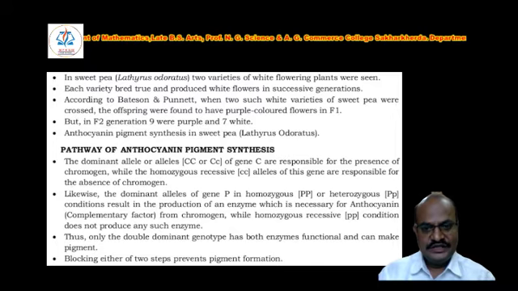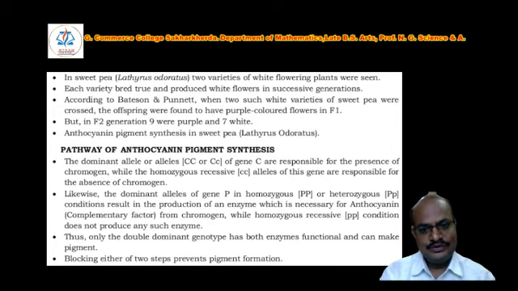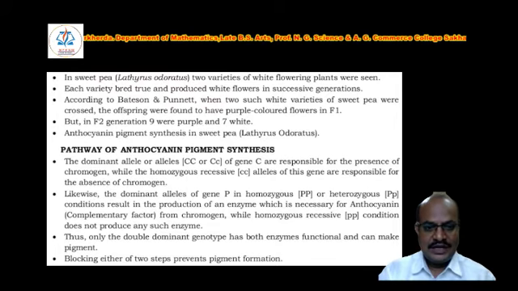In that case, the dominant allele of gene C is responsible for the presence of chromogen, while the homozygous recessive cc allele of this gene is responsible for the absence of chromogen. Anthocyanin pigment formation totally depends upon the chromogen. Chromogen is present only when capital C is present.